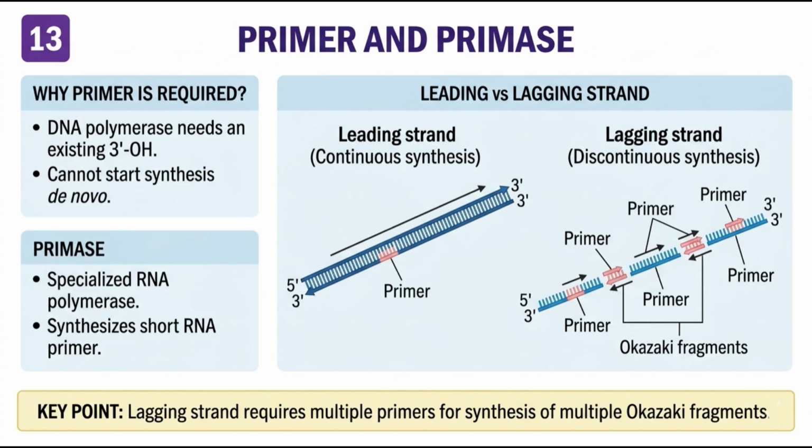On the leading strand, only one primer is required because synthesis is continuous. On the lagging strand, synthesis occurs discontinuously, forming Okazaki fragments, therefore multiple primers are needed. These RNA primers are later removed and replaced with DNA.